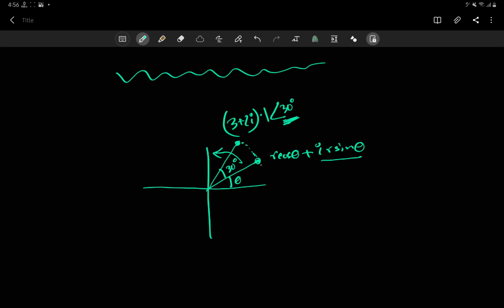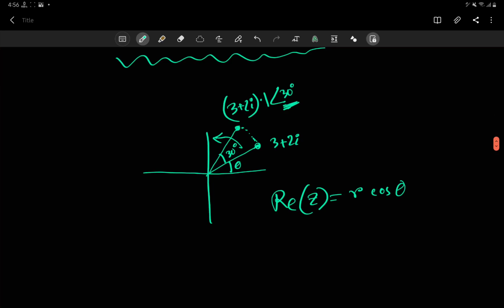This is why we can represent cosine in terms of a complex number. We have a complex number like 3 plus 2i, but we will most likely use the polar format, and we will say that the real part of a complex number is basically a value multiplied by cosine. So this is how we denote our cosines, and this is how we work with it. This is very useful.